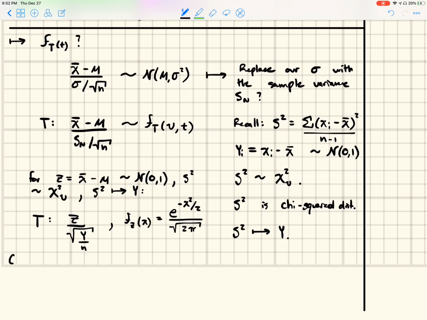So the question then becomes, what is the resulting distribution given the ratio above, right? And that will give us our student t distribution.